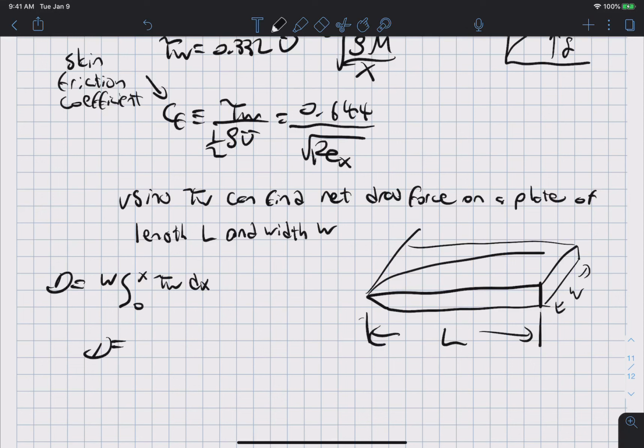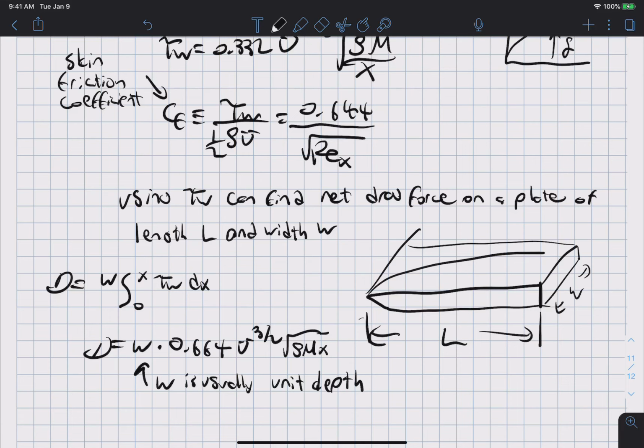Then the drag is equal to the width times 0.664 times u to the 3/2 times square root of rho mu times x. Now note, W is usually unit depth.